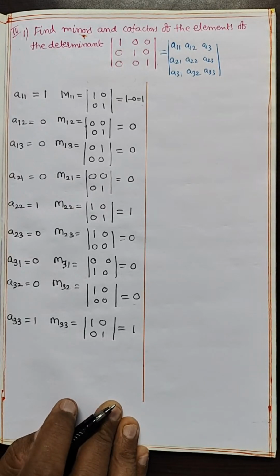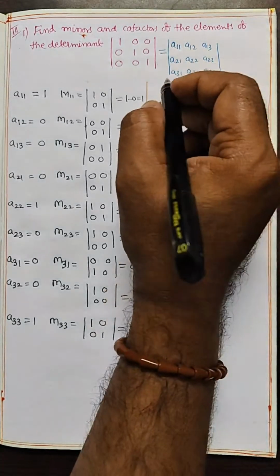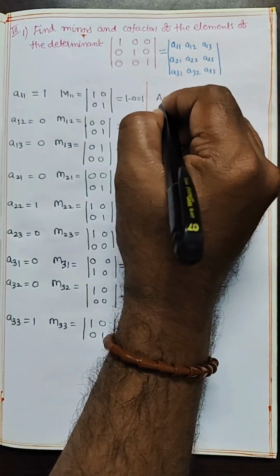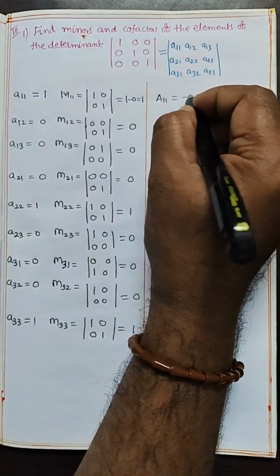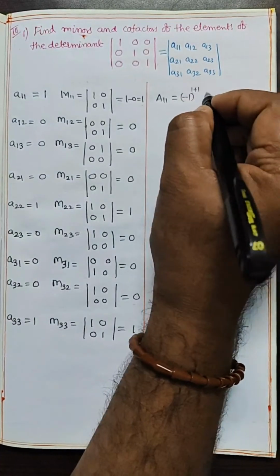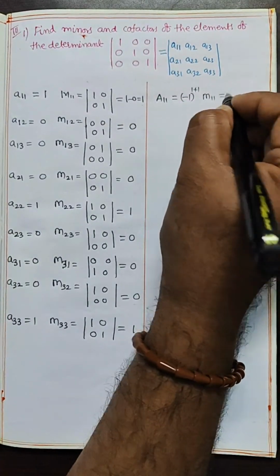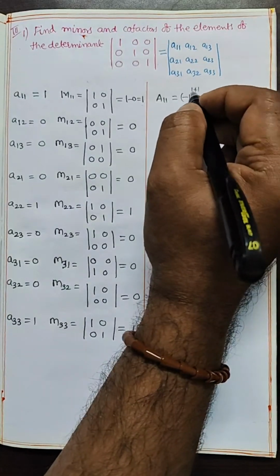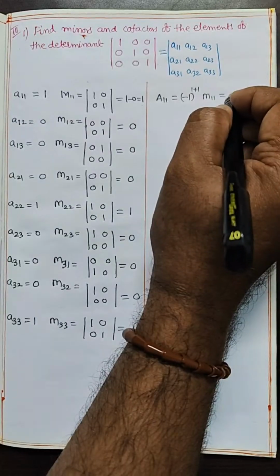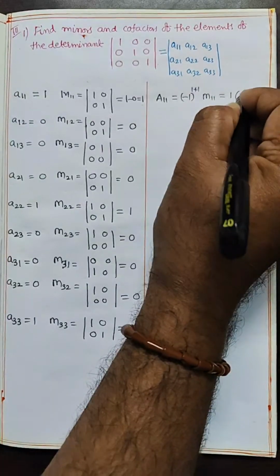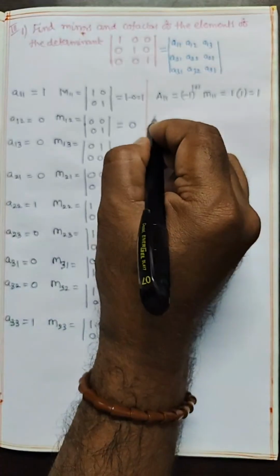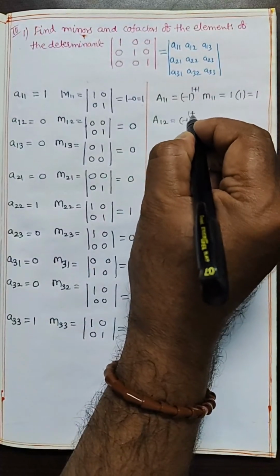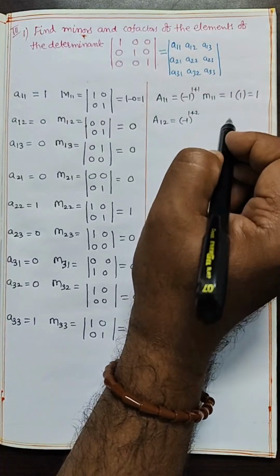Now, respective cofactors we can calculate. Cofactor A11 is equal to (minus 1) to the power 1 plus 1 into M11. That is minus 1 squared, positive, so 1 into M11 value 1 is 1. A12 is (minus 1) to the power 1 plus 2, alternating signs, plus next to minus.